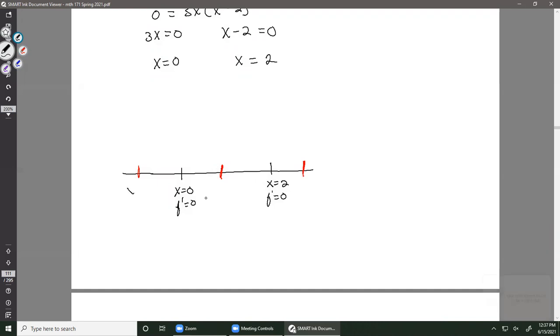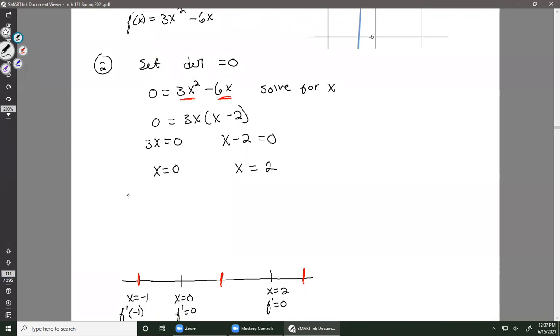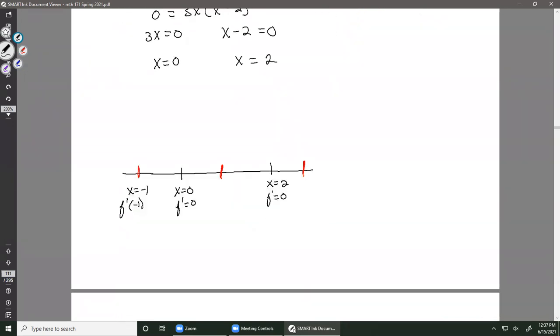So I'm going to look at x equals -1, and plug it into my derivative. So I'm going to look at f prime at -1. That gives me 3 times -1 squared minus 6 times -1. When I plug that in, I get 9.